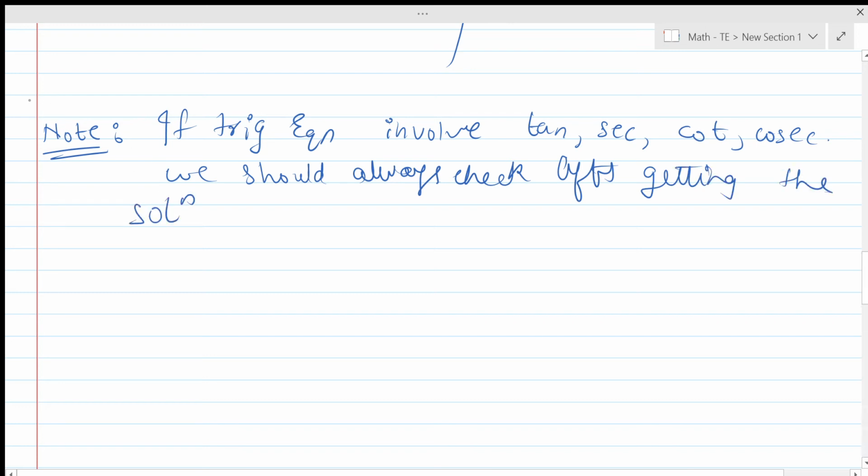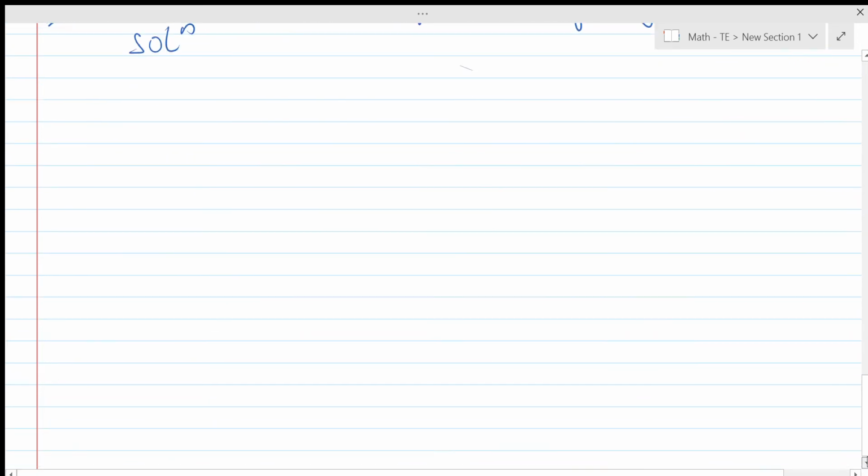Very important. Well, you might say, hey, what about sine and cos? Well, they are well-defined trigonometric ratios, so all the solutions are actually perfectly fine. You won't find any mistakes there.